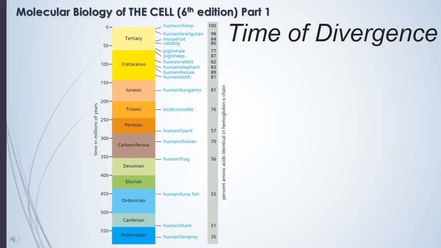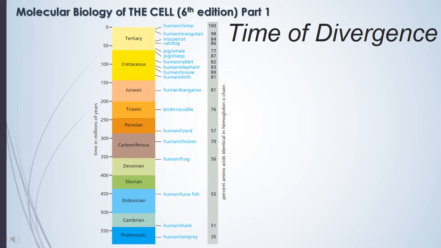So to put the genetic similarities in perspective, we have this little graph here in which we compare the percentage of amino acid identity in a hemoglobin alpha chain. Animals and chimps. We know that chimps are very, very similar to us, but did we know that the hemoglobin alpha chain has 100% similarity between humans and chimps?